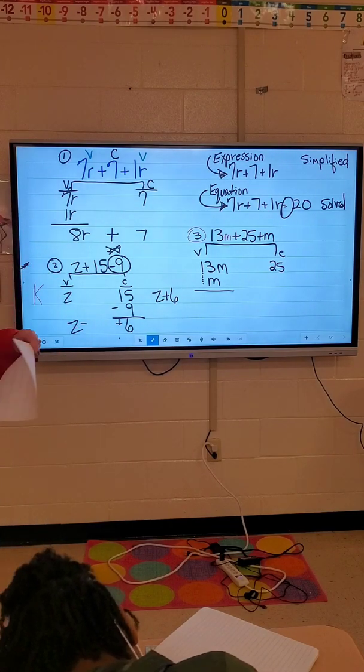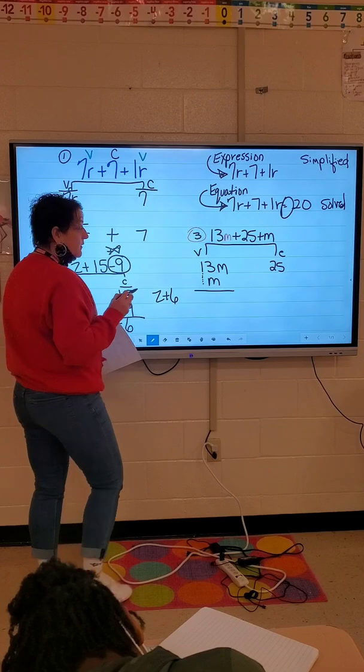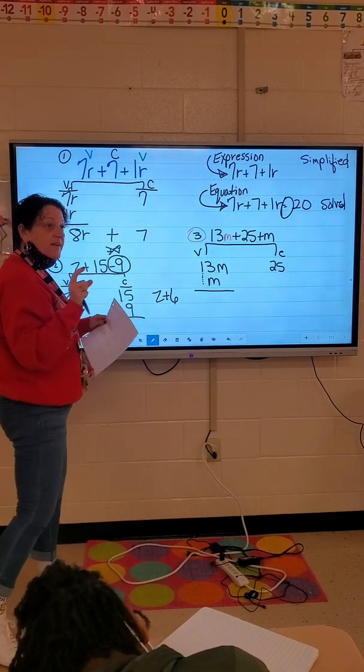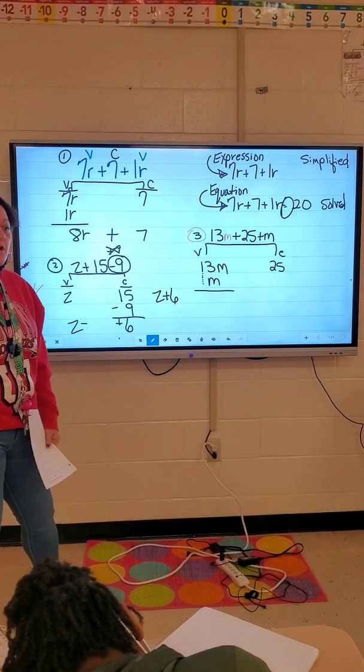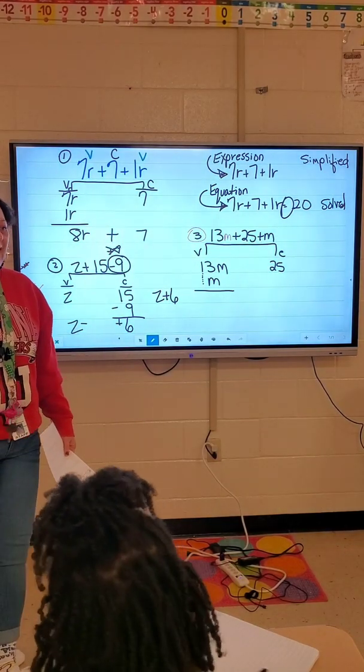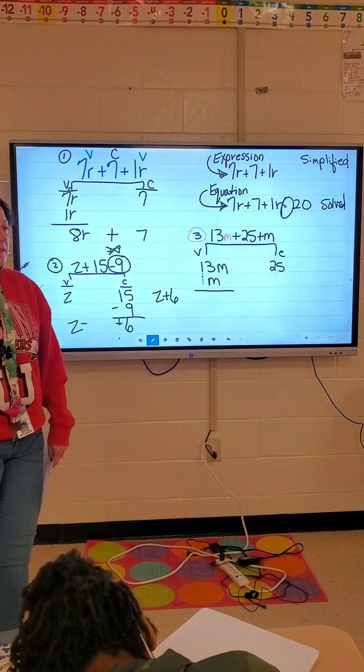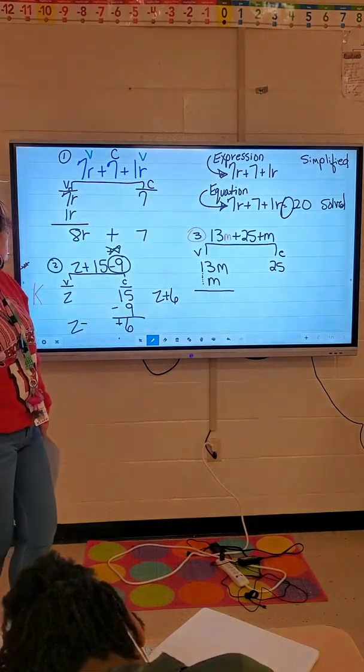If you have one variable, there is an invisible coefficient of 1 in front of it. If you have one X, there is an invisible 1 in front of it. If there's one C, there's an invisible 1 in front of it.